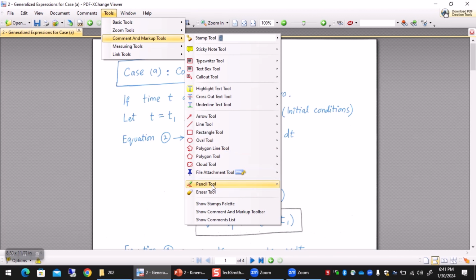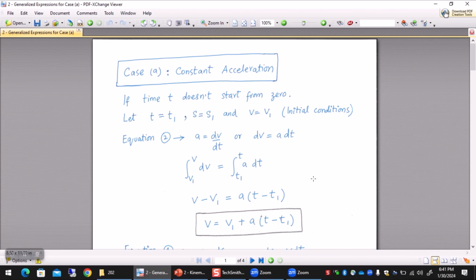So what I did here is that I re-derived the case A, right? This is the same case A, constant acceleration, but this time I repeated the same process by assuming that the starting value of t is not 0 but some number t1, right?